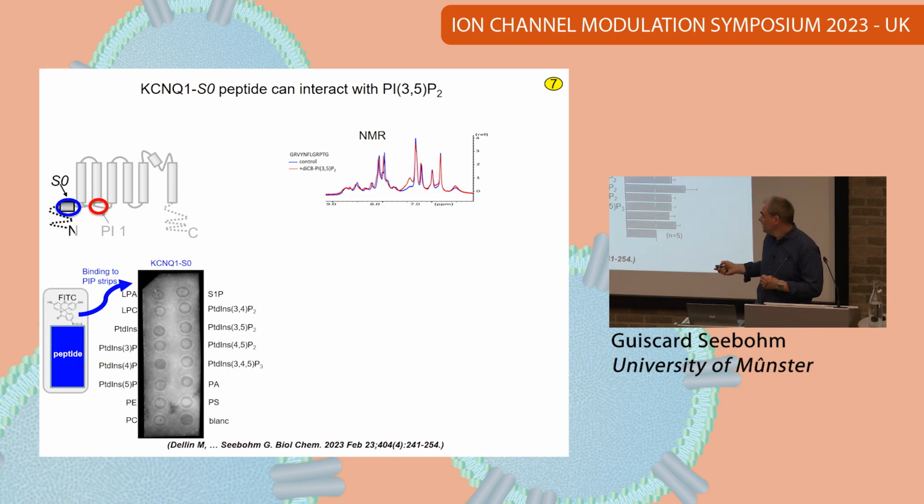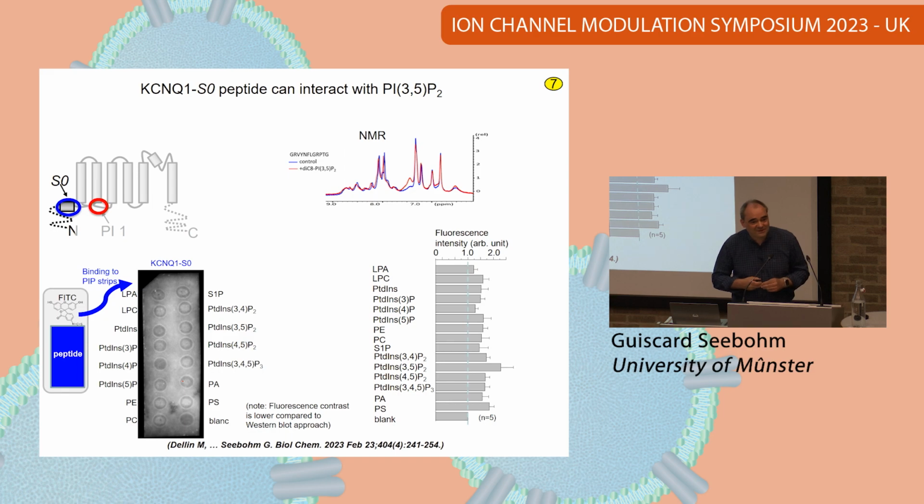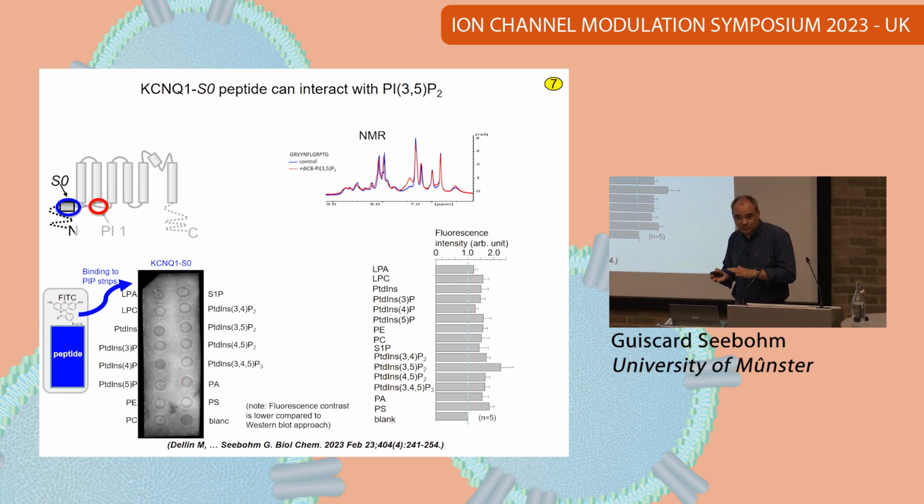We repeated this 5 times, and you can see it takes almost all the lipids. It's not really specific. However, there seems to be a slight tendency maybe for the 3,5 PIP2, but it's definitely not specific. In this assay, note this is not a Western-based assay, so the signal-to-noise ratio is much weaker with this fluorescence assay.